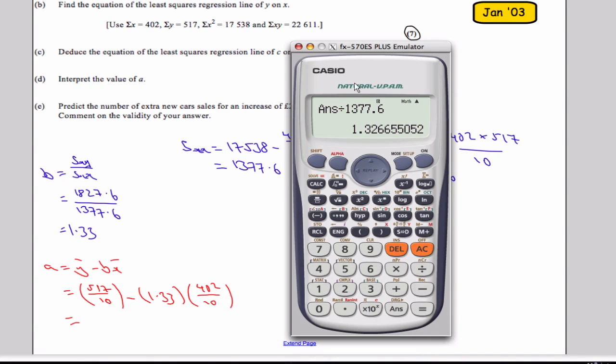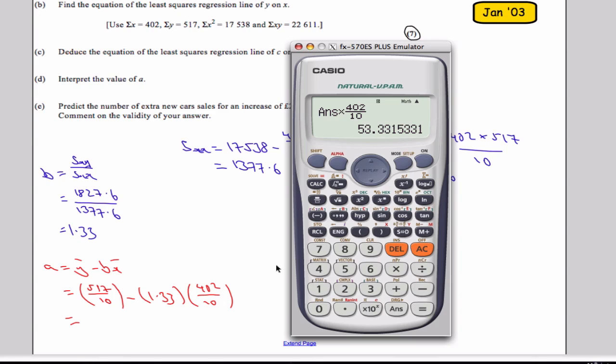Okay, now I can let the calculator do the hard work here. So that's the exact value of B. I'm going to multiply it by 402 over 10, which gives me this.